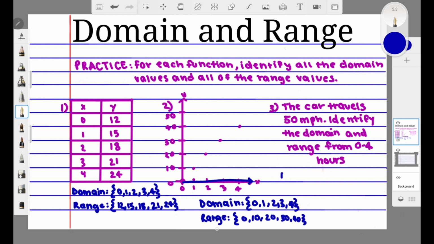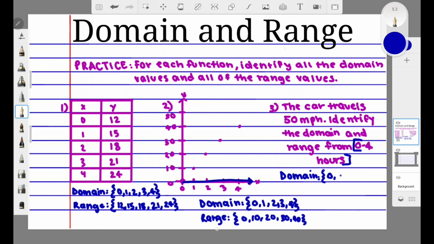And for the last one, the situation is: the car travels 50 miles per hour. Identify the domain and range for 0 to 4 hours. So our domain is going to be the number of hours, since that doesn't depend on anything. That's like your input value.